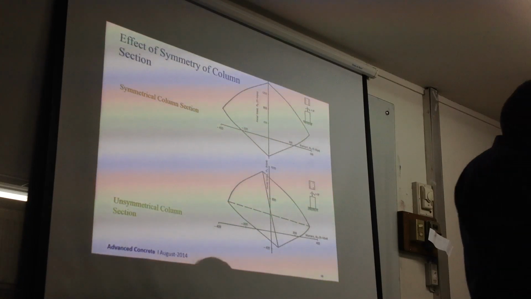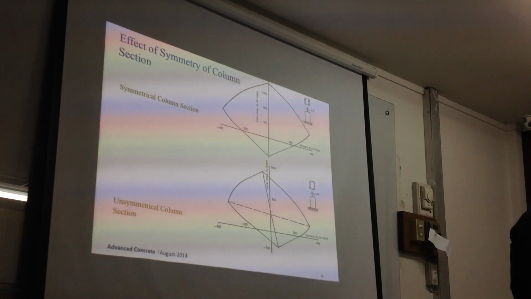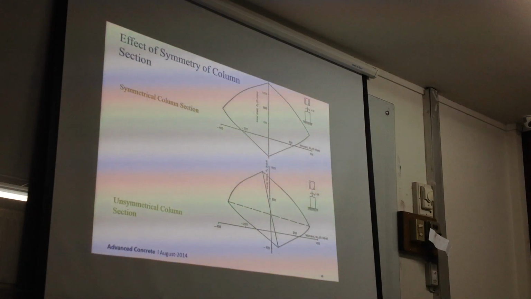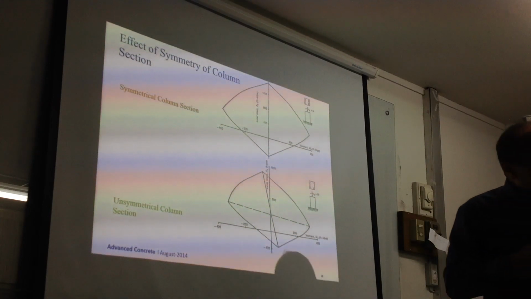So it is this point about which the moment of the area is 0. Net moment of the area is 0. That means both direction, the moment of the area is 0. There is no net moment of area. That is the definition of the geometric centroid, right?